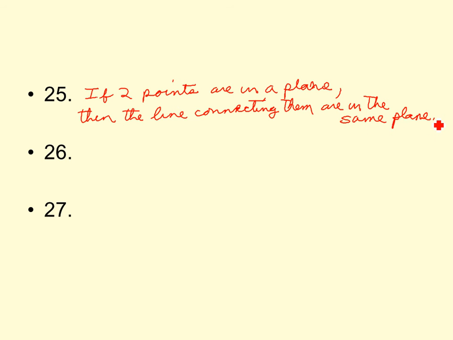So if the 2 points are in plane J, then the line that connects them, that whole line has to be in plane J. 26, X and Y are collinear.